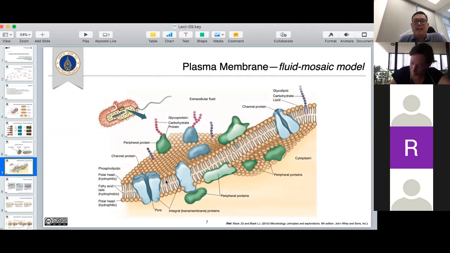The protein that interacts with the lipid and immerses itself in the lipid bilayer, we call the membrane protein. The membrane protein that projects some part of the protein outside and some part of the protein inside the cytoplasm, like this, we call transmembrane protein.